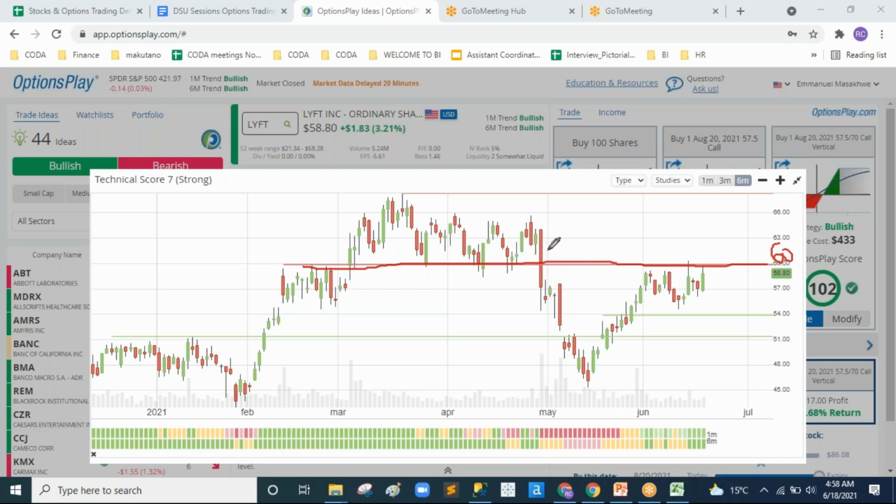When price was above it, it was previously a resistance level, right? So price came and broke below it. Once a support level is broken, it becomes a resistance level. And most of the time when a support level is broken, price tends to come and retest it. And here we are retesting it.